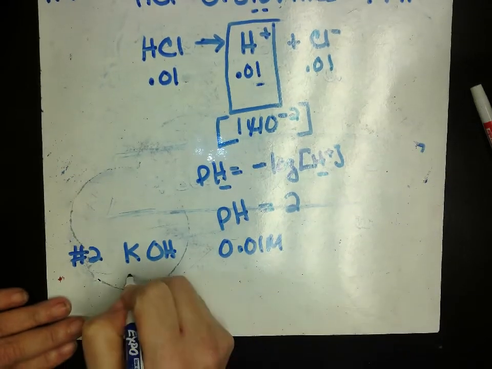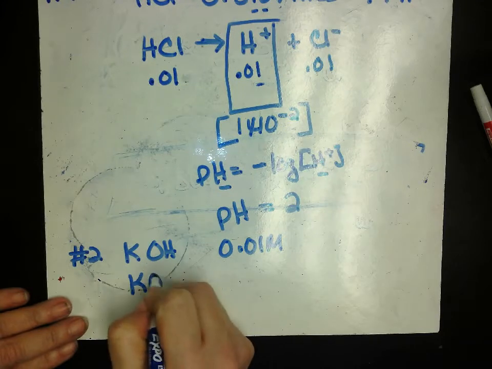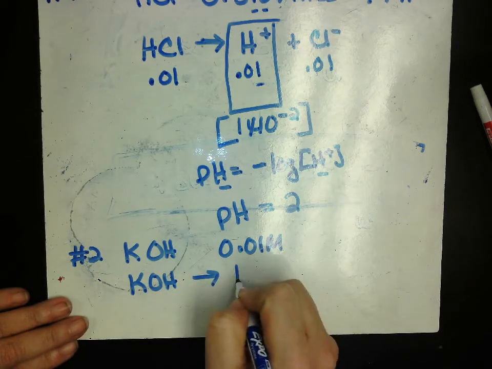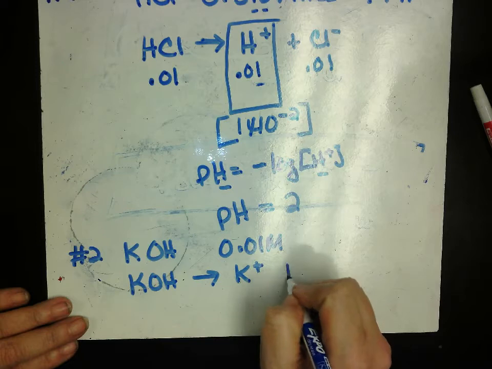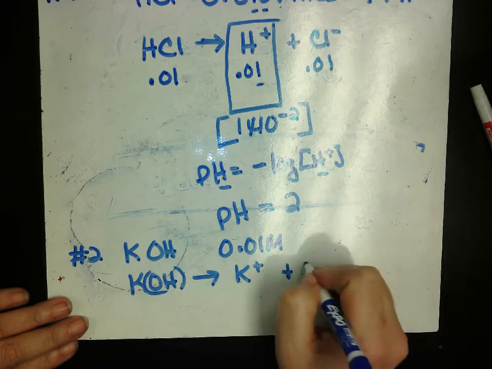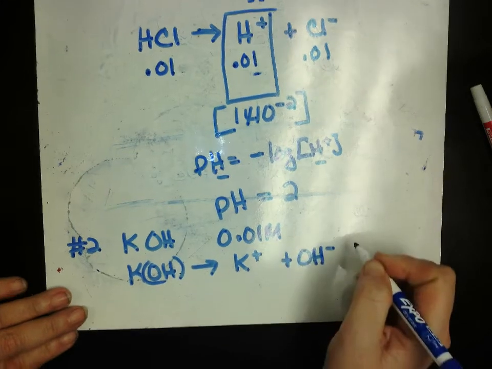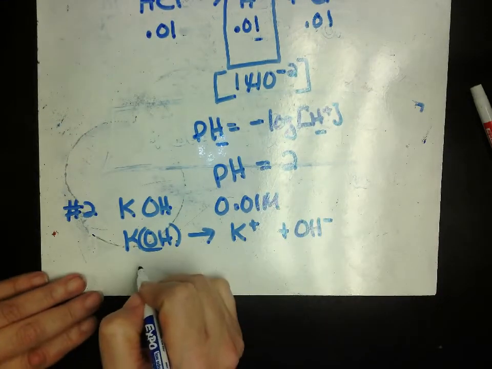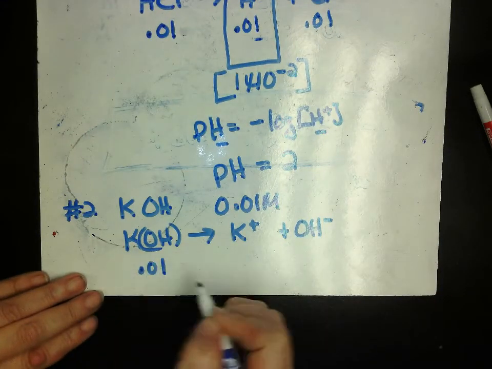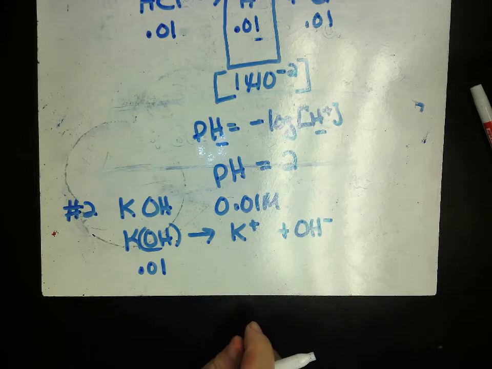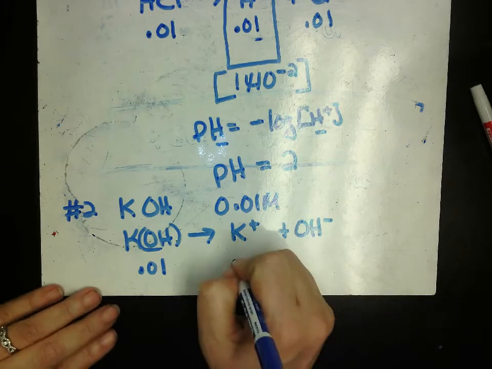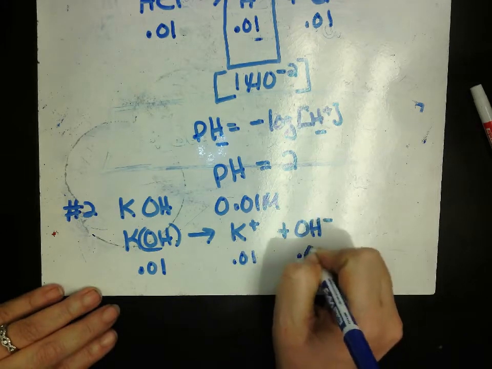So my KOH is going to break apart into a K+ ion and this polyatomic OH-. I started with 0.01 molar there, and that makes 0.01 molar.